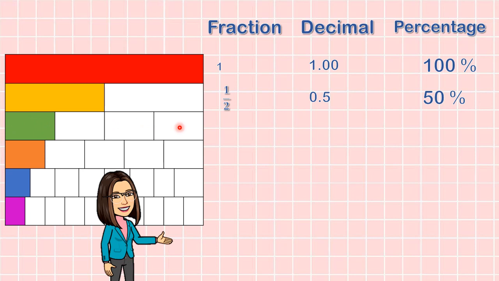And then the third, this is 1/4, in decimal form that is 25 hundredths, in percentage that is 25%.